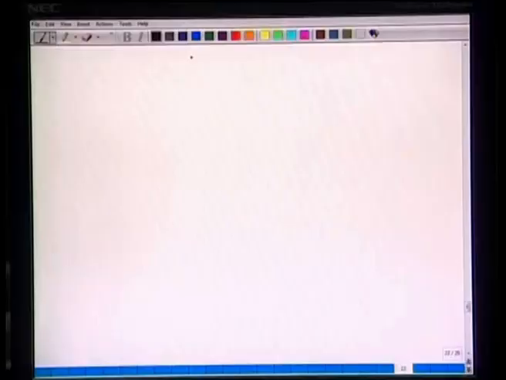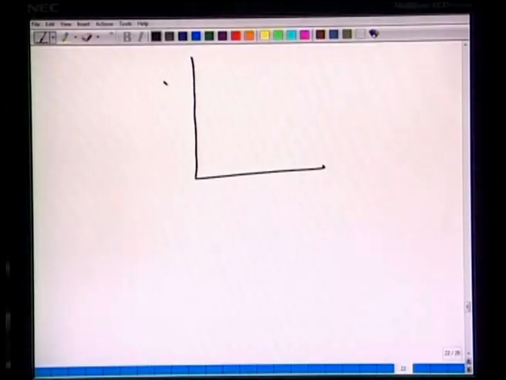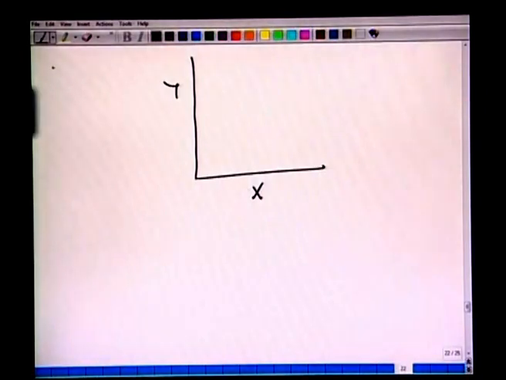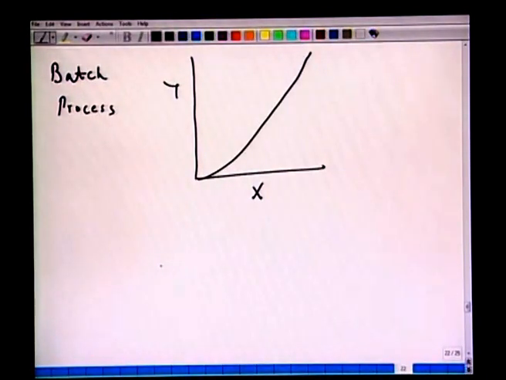So if we go back and redraw this y versus x, and we are discussing here a batch process, our equilibrium curve will still be the same. Now we say that we start with certain compositions of one phase as x1 and certain compositions of another phase as y1, and then we have a batch system here.